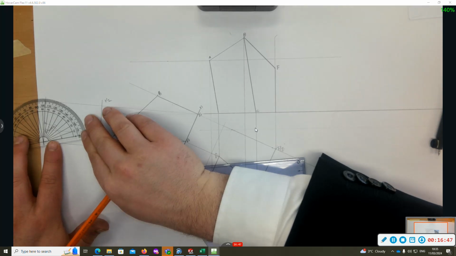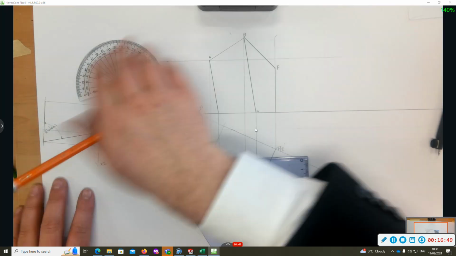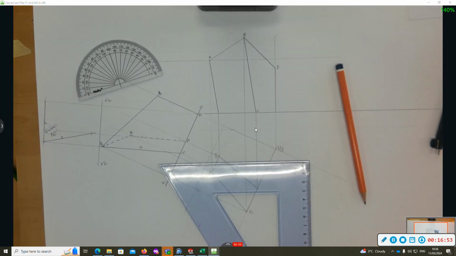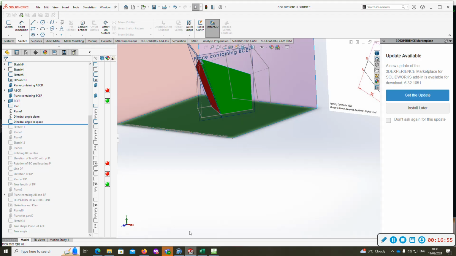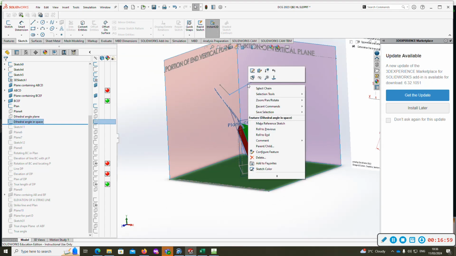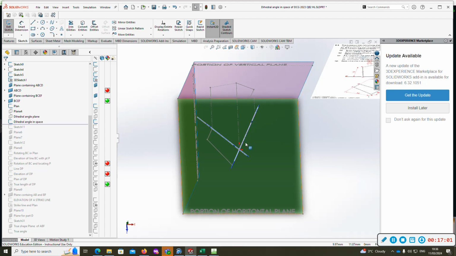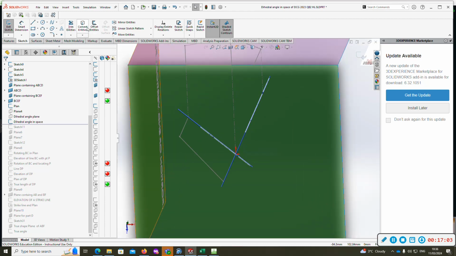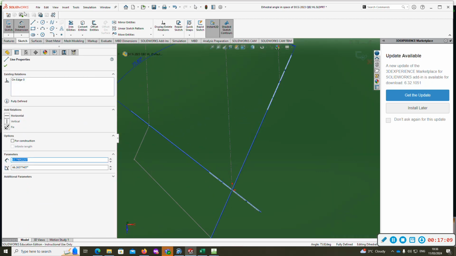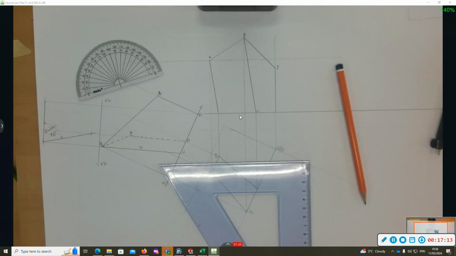Okay, so I'm getting 76 degrees in my drawing. And see what I got here. It'll come up with 75 there. Just want to see what the exact value was. 75.82. So yeah, 76 degrees, absolutely perfect.